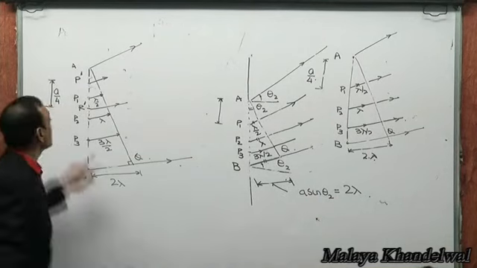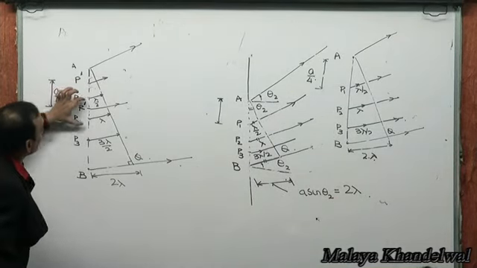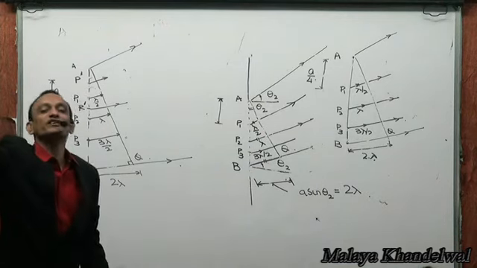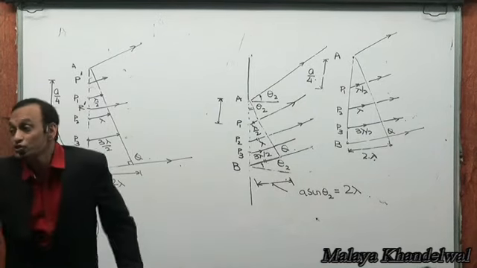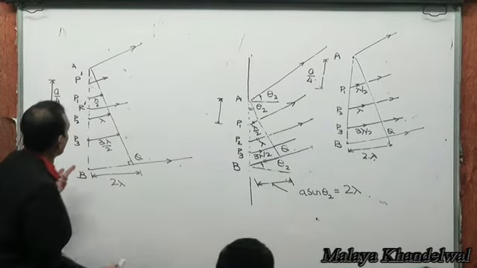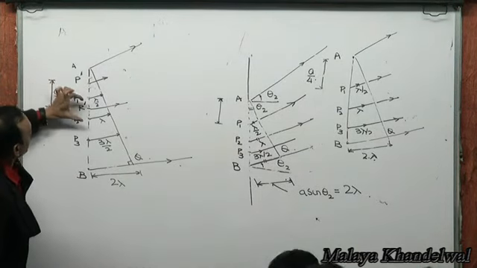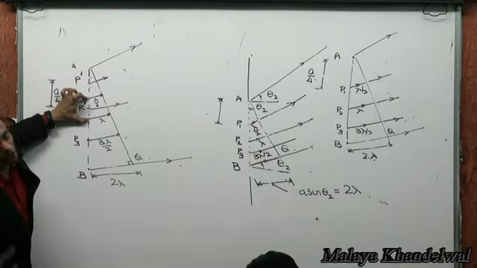If such are the points, then for every point between A and P1, there is going to be a point between P1 and P2 which will interfere destructively on the screen, giving me 0 intensity on the screen.